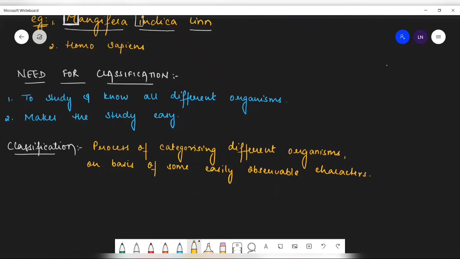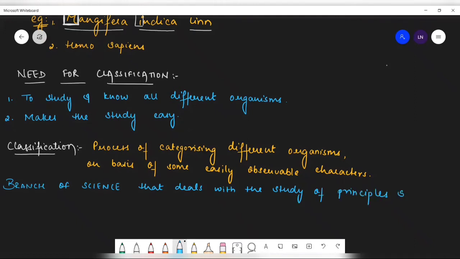Clear? Now, what is the branch of science that deals with the study of principles and procedures of classification called? It is called taxonomy.